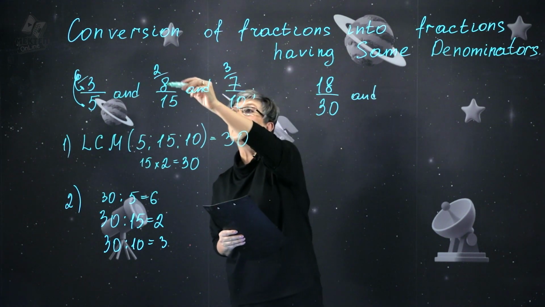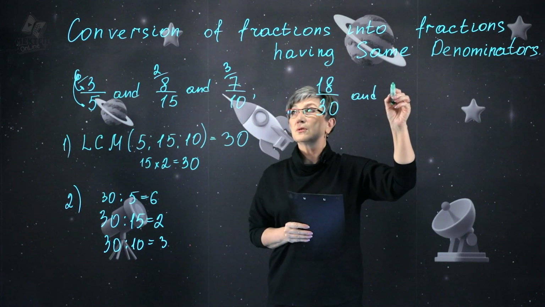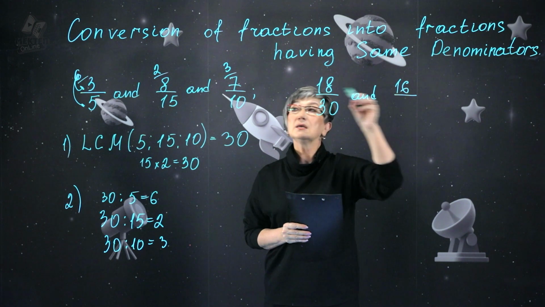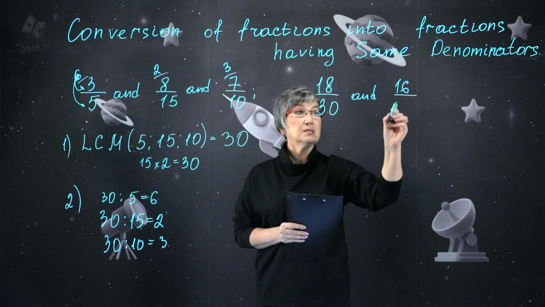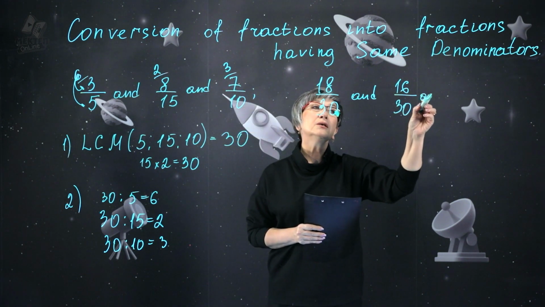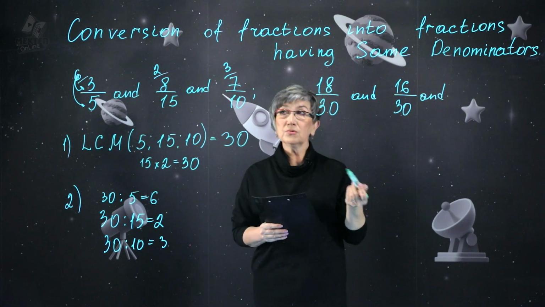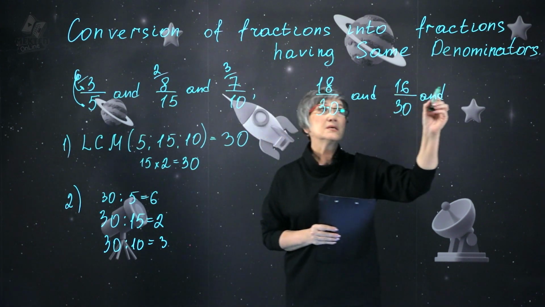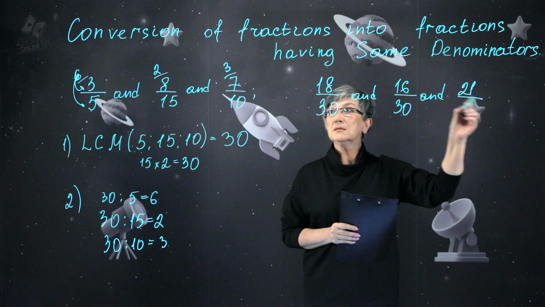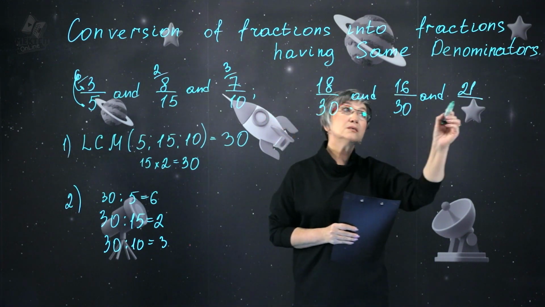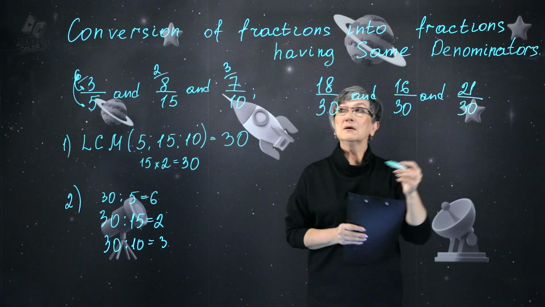Let us write it down. The product of 2 and 8 is 16. And if I multiply 2 by 15, the result is 30. Additionally, we have one more fraction. When we multiply 3 by 7, we get 21. And if we multiply 3 by 10, the result is 30.